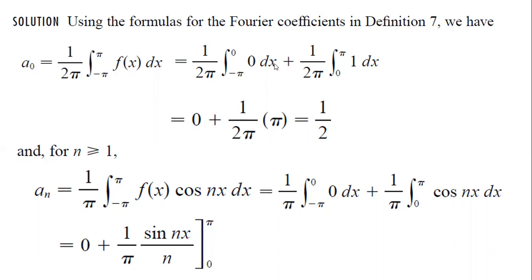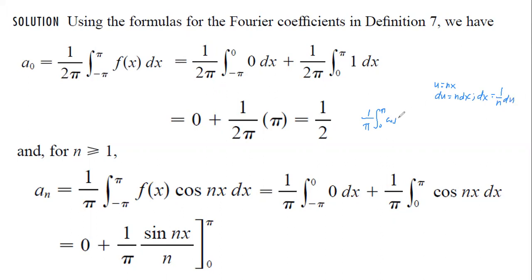If we try to evaluate that, so 1 over pi times the integral from 0 to pi of cosine nx dx. We can let the variable u represent nx such that du is n dx, so dx is 1 over n du.